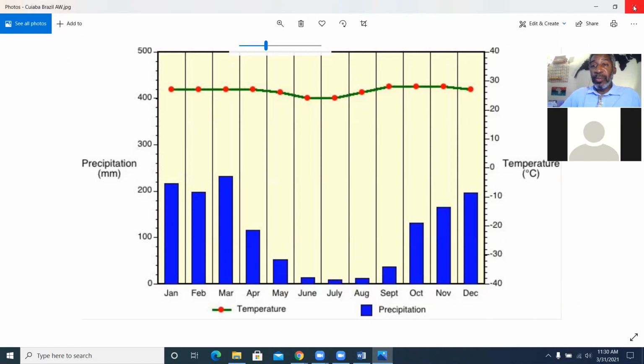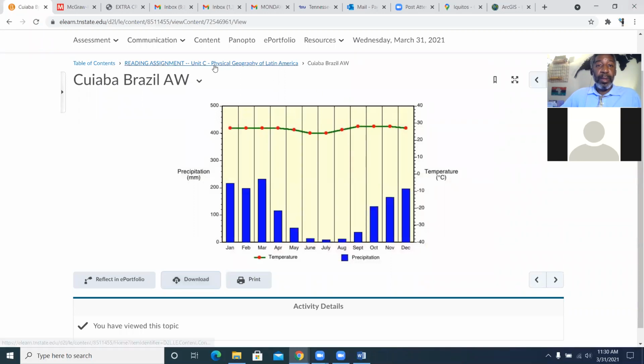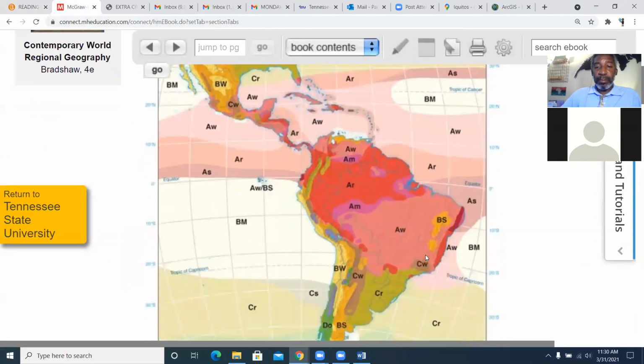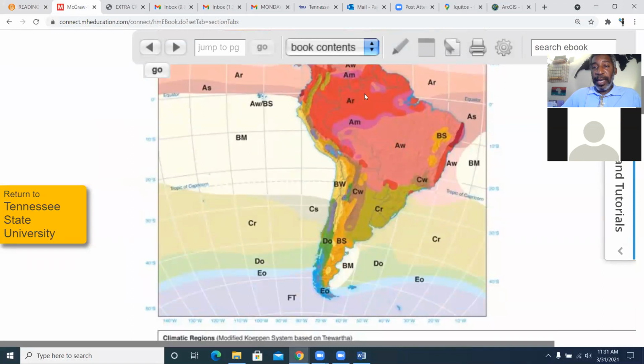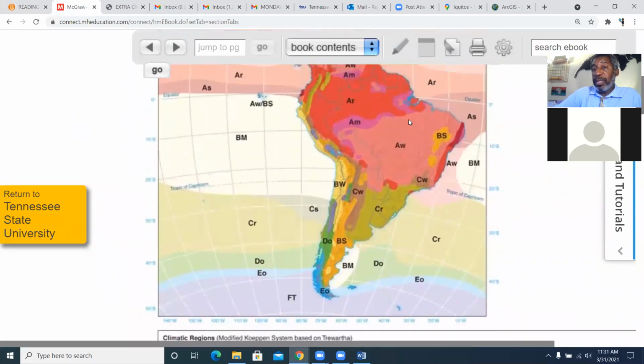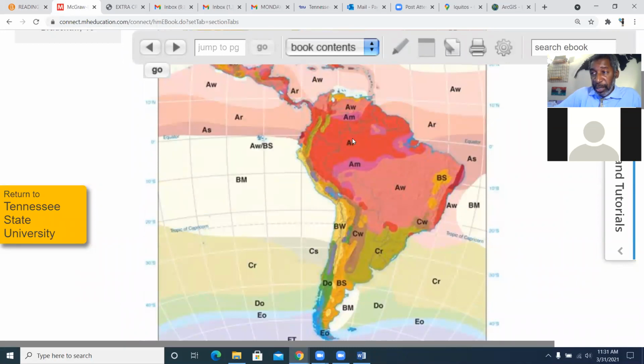And so we have, again, a map of the various A climates. And then we also have climate graphs representing the differences between at least the Af and Aw Köppen climate regions. One with seasonal precipitation, one with precipitation every month of the year in ample amounts.